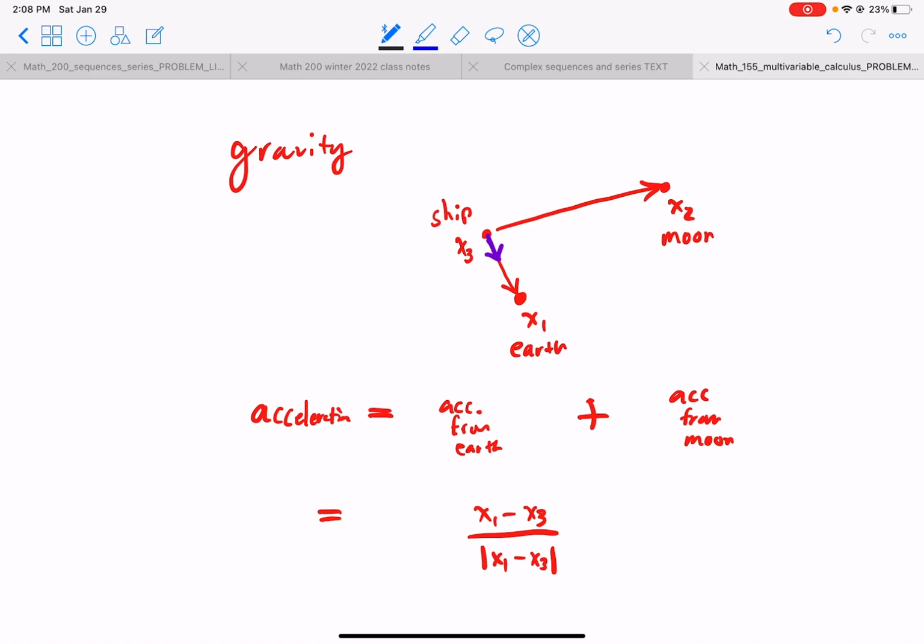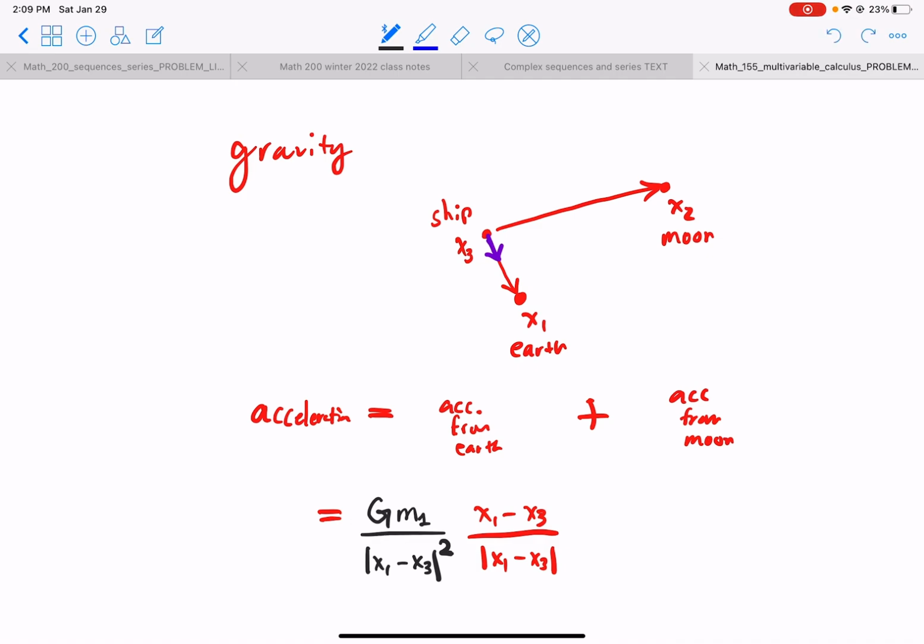It'll be g times the Earth mass. The more mass of the Earth, the bigger the acceleration, divided by, and here's what science says, the square of the distance. So the length of this vector here is the distance between our ship and Earth. Gravity varies inversely proportional to the square.